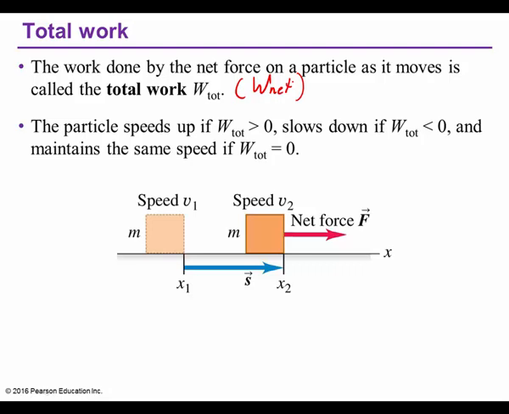Now, it doesn't mean you're not doing work. It just means there's no net work. And you can have situations like that where there's no net work. So just because you have a 0 net work does not mean there's no work. So please understand that, because we're talking about the total work. And how do we define total?